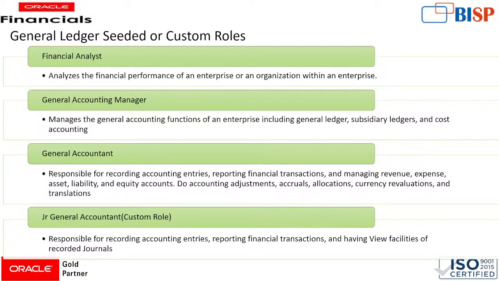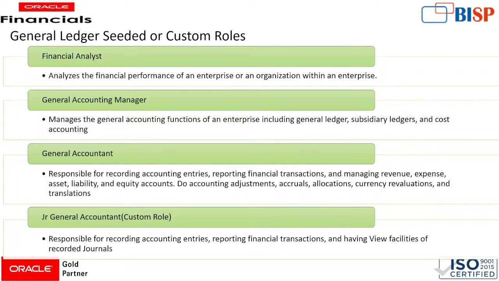That is the requirement of my client. He wants one junior general accountant who can record the entries, but can't delete that particular entry, and he can view the recorded general entries. Once the entry is entered, he can change it, but he can't change journals after posting, and he can't reverse posted journals.